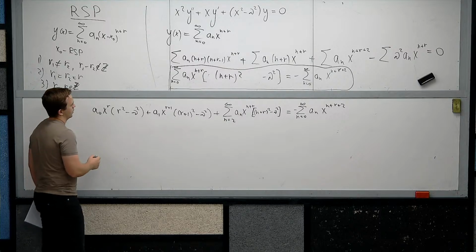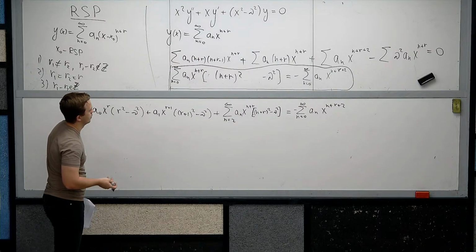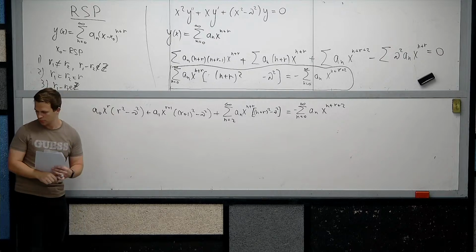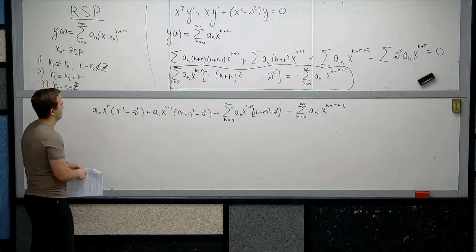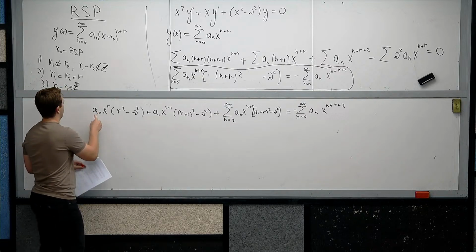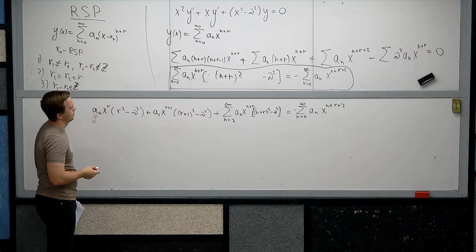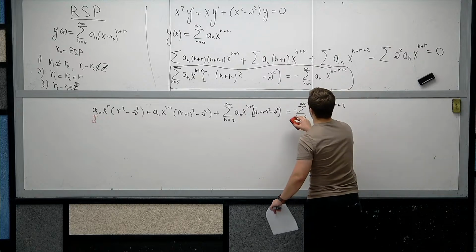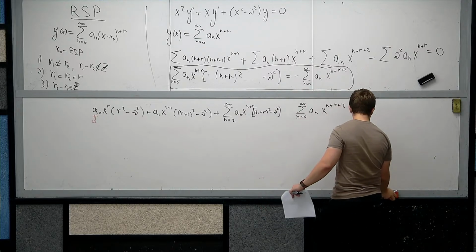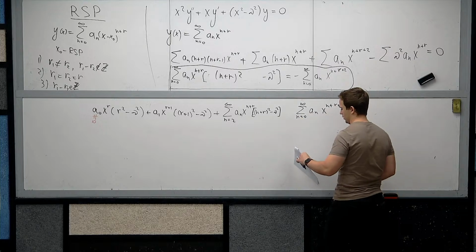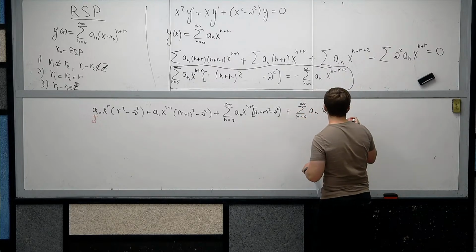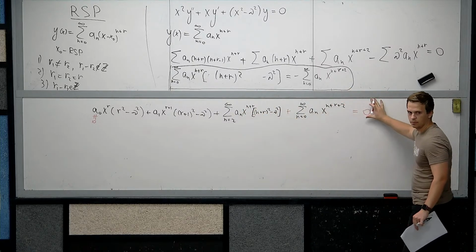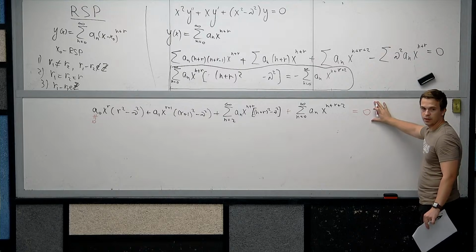Then we say that a naught is not 0. Then, okay, let's write this equation in this way. I'm returning this term to the left-hand side. Here will be plus. Because all of these should be equal to 0, right?